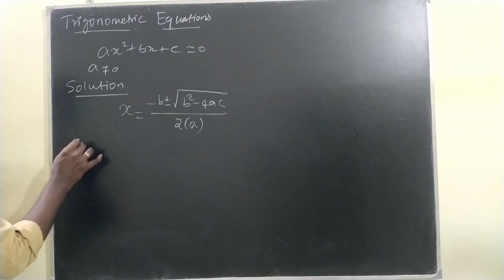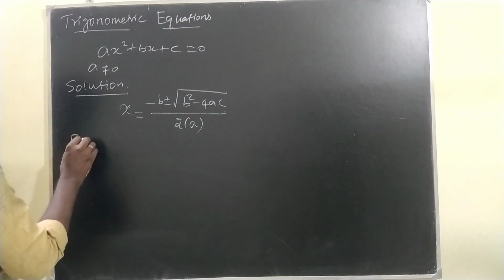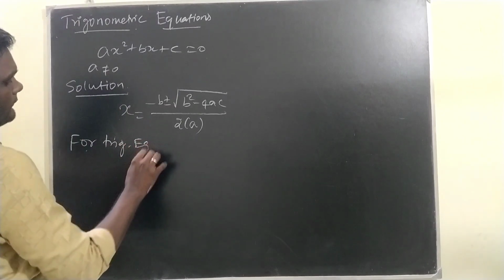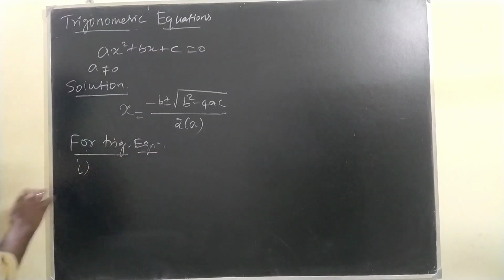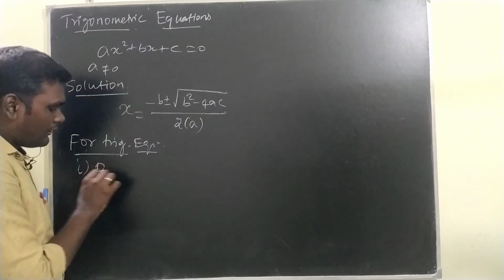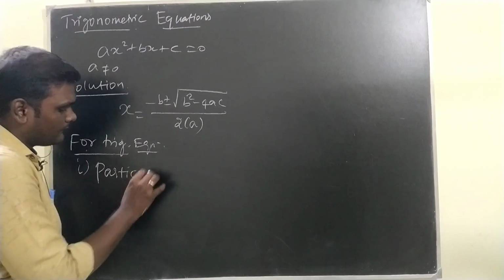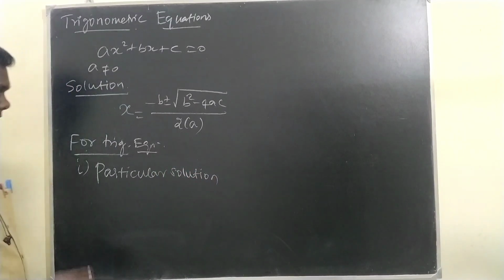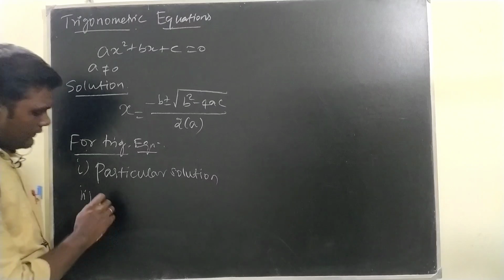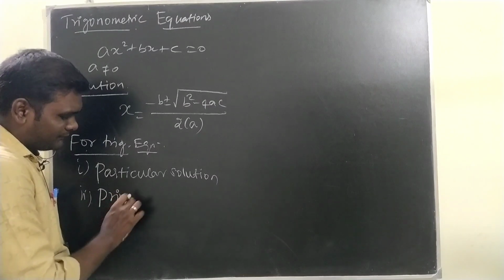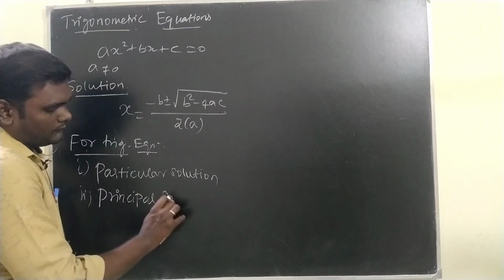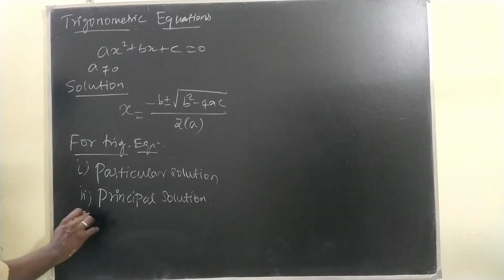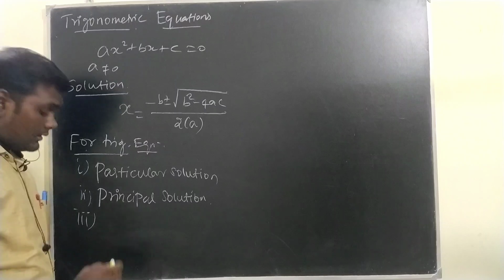So for trigonometric equation, we have three types of solution, one of which is particular solution, and the second one is principal solution, and third one is general solution.